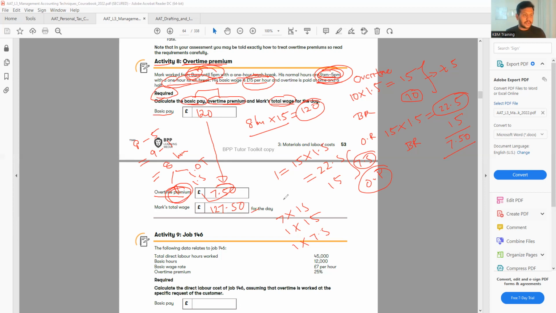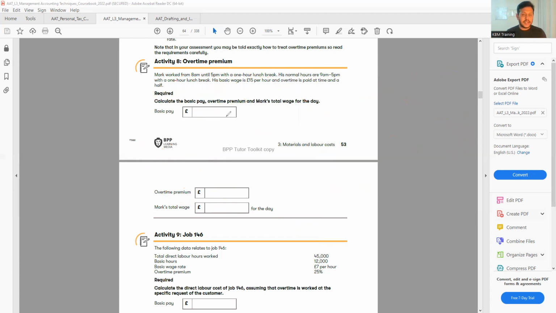How do you calculate the total wages for the day? Let me clean a little bit. So if I go your way, the way you are saying, if I go 8 to 5, it is 9 hours, minus 1 hour for the lunch break. So 8 hours is the working. Out of 8 hours, 7 hours is the basic. So 7 times 15, how much is it? 7 times 15 will give you 105.